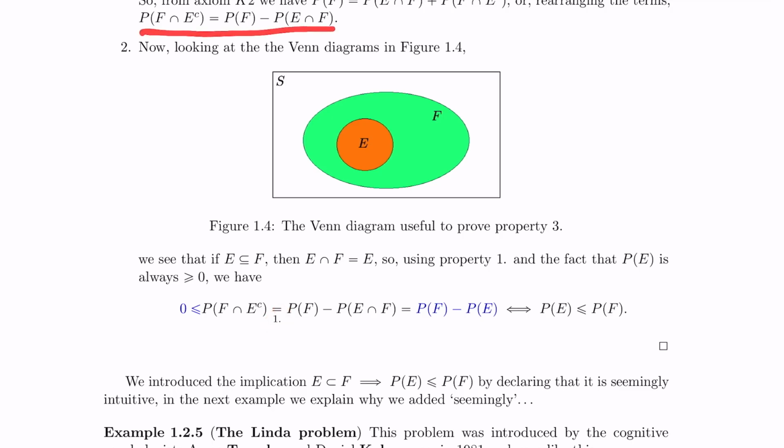That is, we can rewrite this as P of F minus P of the intersection between E and F. But since we are in this condition, we can rewrite this as the probability of E. So finally, the difference between P of F and P of E is greater than or equal to 0, and so the probability of E is less than or equal to the probability of F.